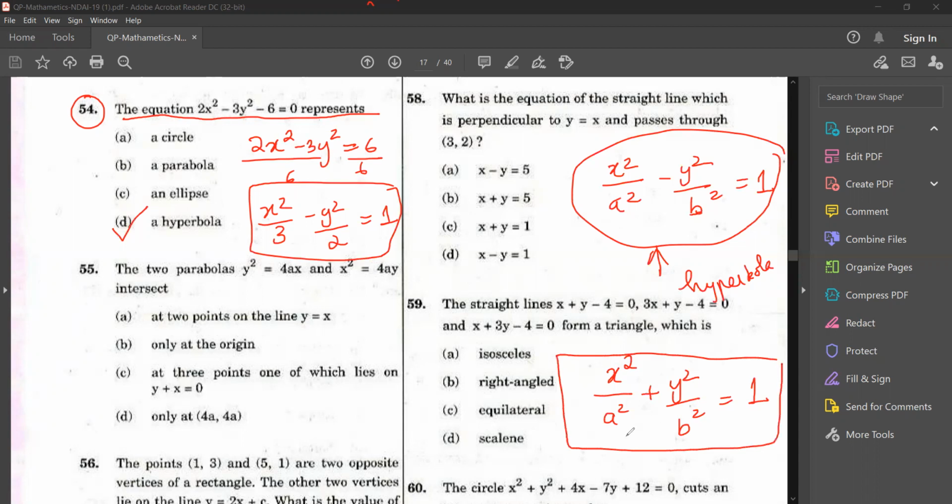Now what is the equation of a circle? x minus h the whole square plus y minus k the whole square is equal to r square, where h, k represents the center and r represents the radius.